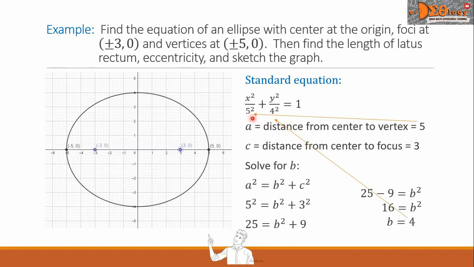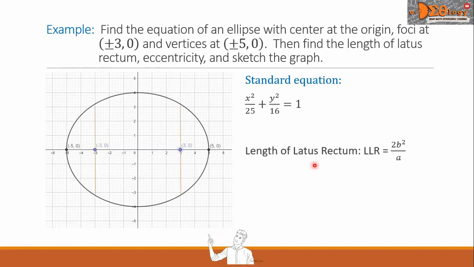So a squared becomes 5 squared, and b squared is now 4 squared. 5 squared is 25, and here it becomes 16. Take note also that our major axis equals 2a, and 2a equals 10. Also, the minor axis equals 2b, and this 2b is equal to 8.